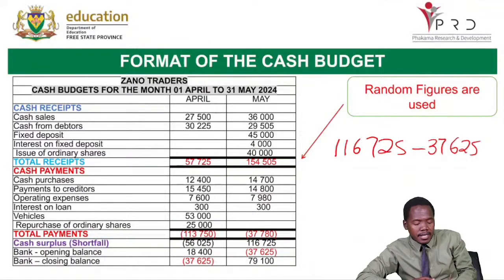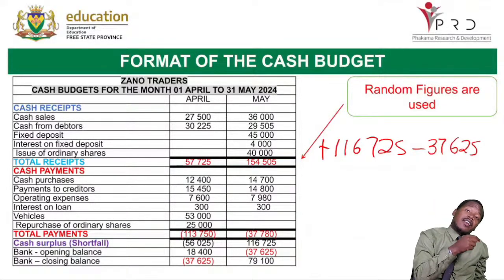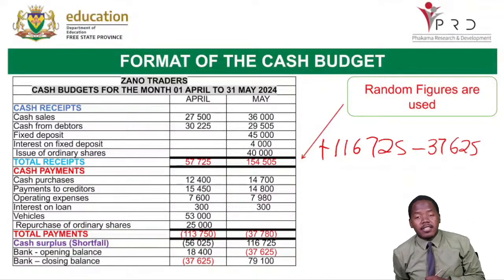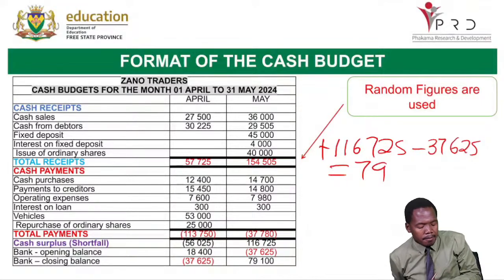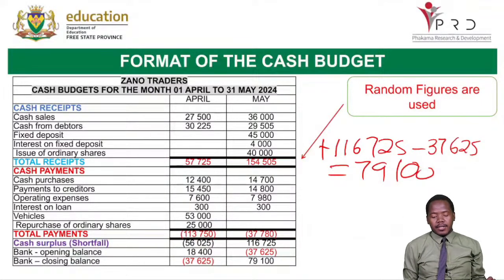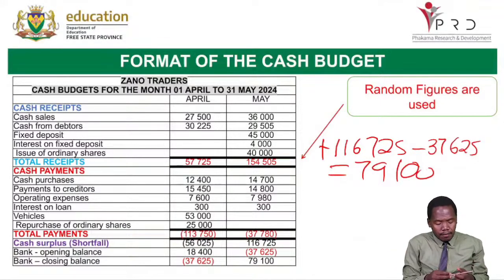Why are we subtracting 37,625? Because it was an overdraft coming from April. Now we punch the calculator as it is, then we get a positive answer, meaning a favorable balance of 79,100. Okay? Now that is how we prepare our cash budget in full.